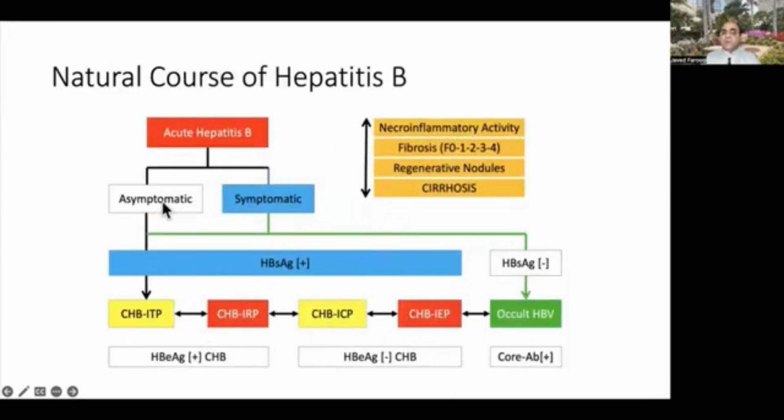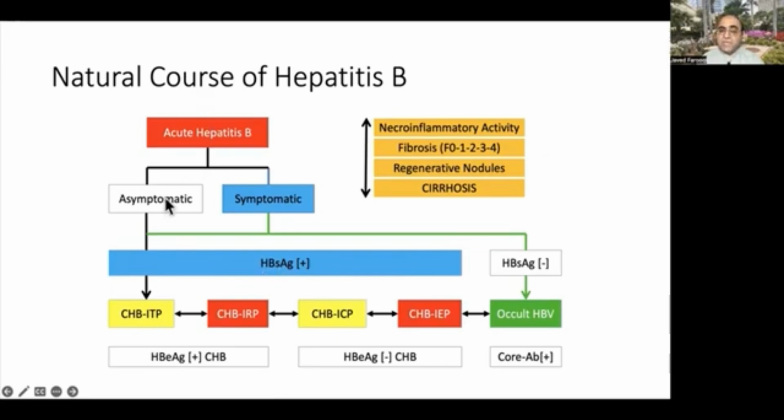This is very, very important, and you should remember the natural course of hepatitis B. When hepatitis B happens as acute hepatitis B, it may be asymptomatic or symptomatic. If it is symptomatic, it can take two courses. One is that the patient recovers and the HBs antigen is lost, or another option is that it enters the chronic hepatitis B phase, that is the HBs antigen positive chronic hepatitis B phase.